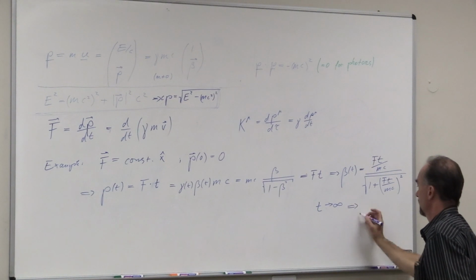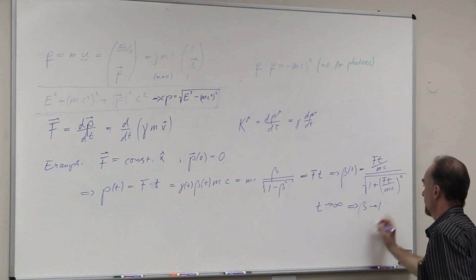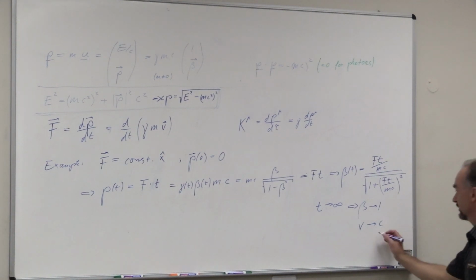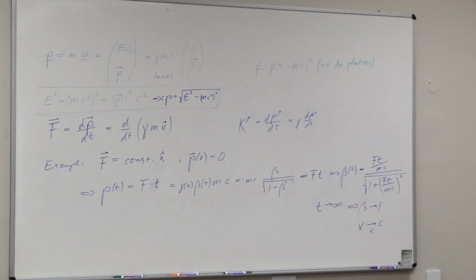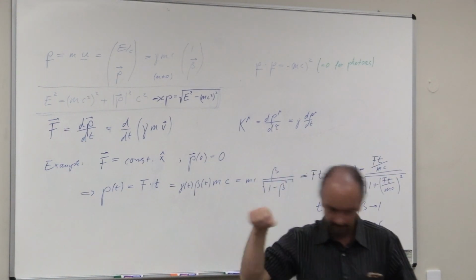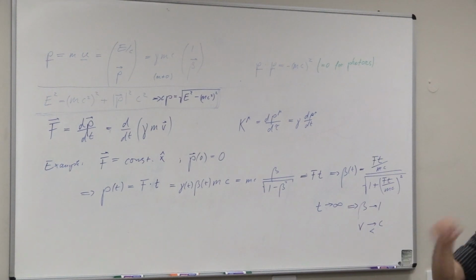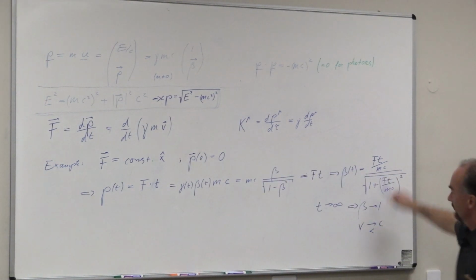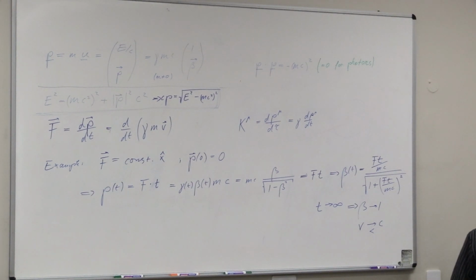So beta goes to 1, meaning the velocity approaches c, but it's always less than c, because the denominator is always larger than the numerator. Even if we keep putting energy into the particle and the momentum keeps increasing, the velocity will never exceed the speed of light.